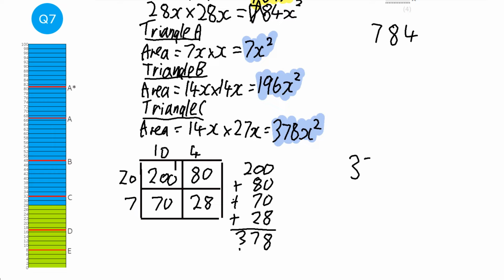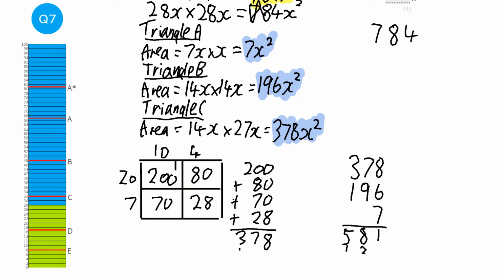So 378, I'm going to ignore the x's, 196, and we're going to add these together. So 8 plus 6 is 14, 14 plus 7 is going to be 21, 7 plus 9 is 16, plus the 2 is 18, and 3 plus 1 is 4, plus the 1 is 5.